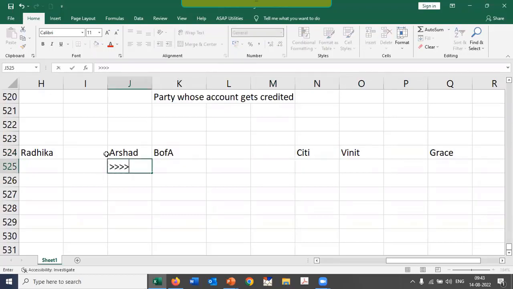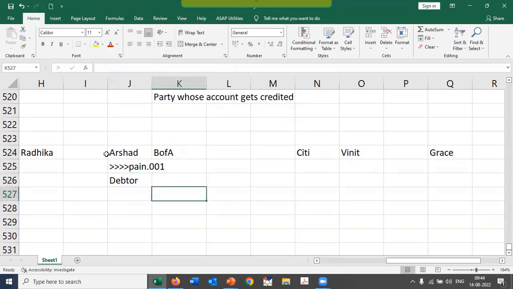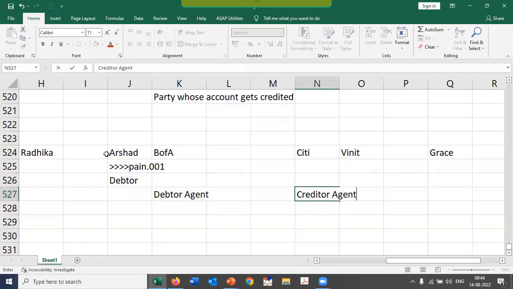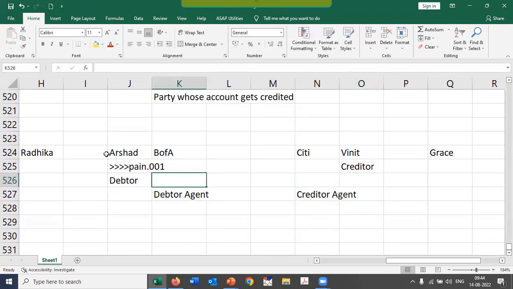Arshad initiates a PAIN 001 and sends that to Bank of America. In this case, Arshad is the debtor. Bank of America is the debtor agent where Arshad has his account. Citibank is the creditor agent where the creditor, Vineet, has an account. So Arshad initiates a PAIN 001, goes to BOFA.